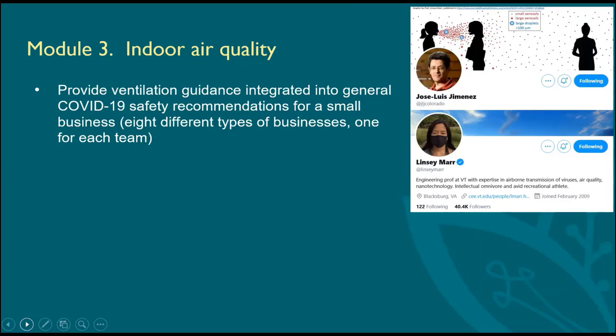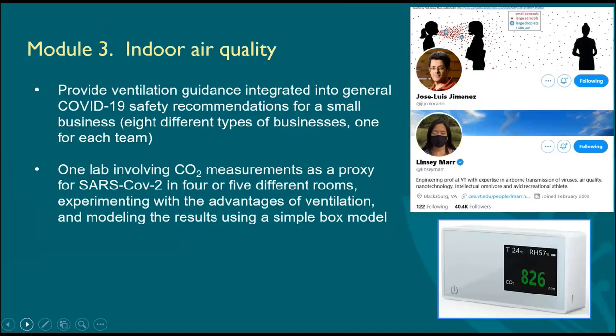So what we used was a CO2 sensor, which would measure CO2, and the idea was to measure this CO2 as a proxy for COVID concentration inside the room. So we took information available on Twitter by Professor Jose Luis Jimenez from the University of Colorado and Professor Lindsay Marr from Virginia Tech. They have developed models where they demonstrate that COVID-19 is an airborne disease.